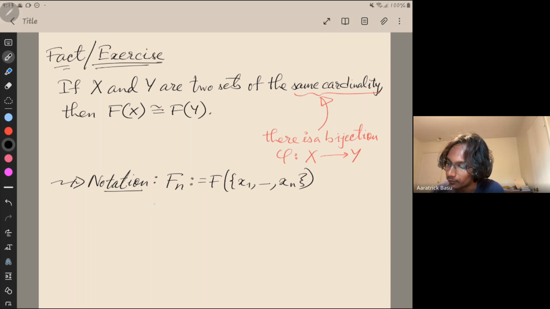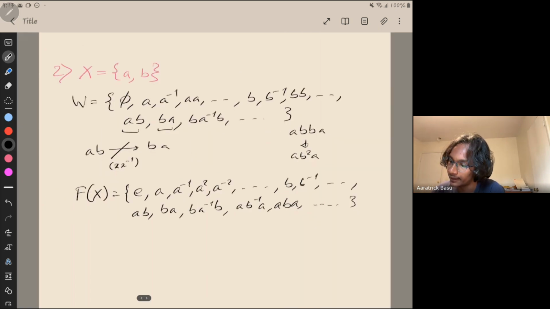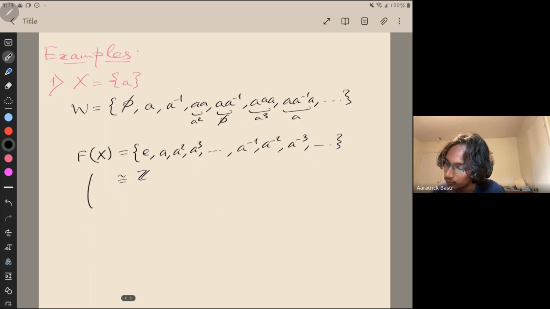We introduce some notation. We denote the free group on any set with n elements, which we can because of this fact, as F sub n. So for example, with X being the two element set, the group that we get here is F2, and the group that we got here was F1. What we have just shown is that F1 is the same as the infinite cyclic group.